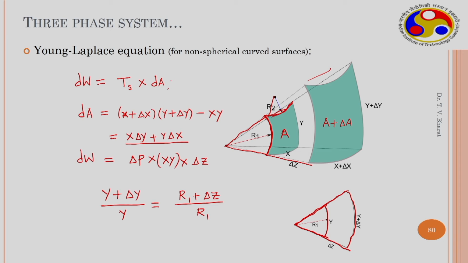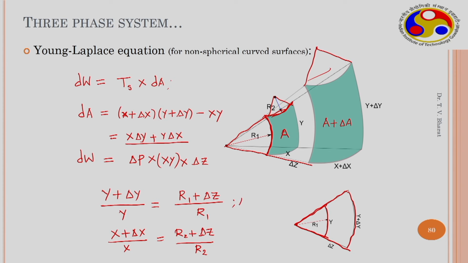This is another triangle, R2, and similarly you can also obtain (x plus delta x) by x is equal to (R2 plus delta z) by R2. So this is 1 plus delta y by y is equal to 1 plus delta z by R1.